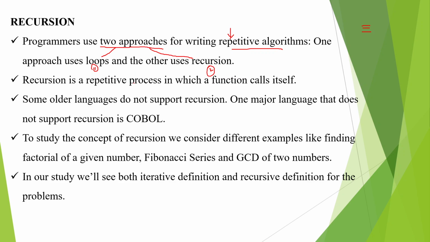How do we achieve this recursion? By calling a function from its own definition. When a function calls itself, suppose we are writing the definition of a function, and in that same definition, if we call that same function, we call it recursion. Don't worry if you are not understanding it from verbal explanation.